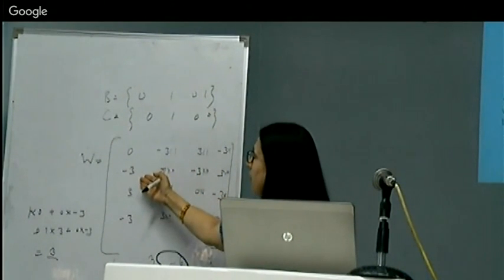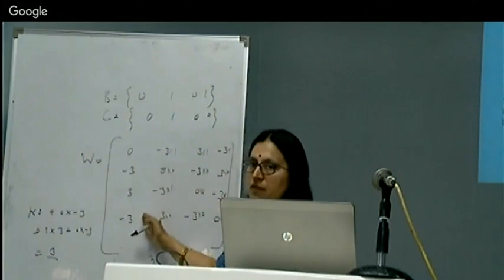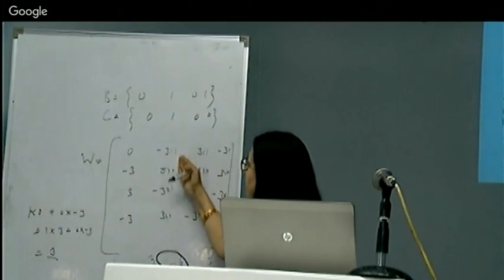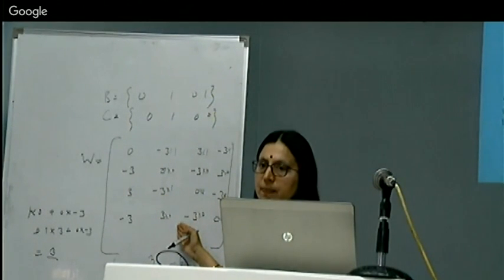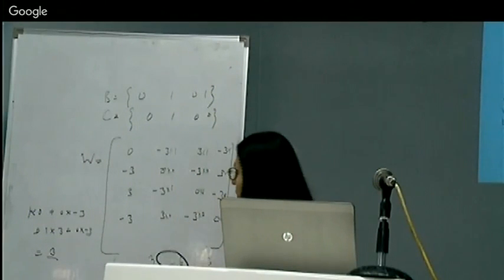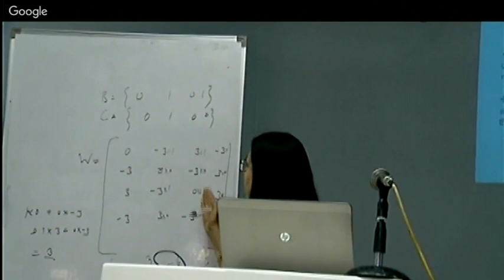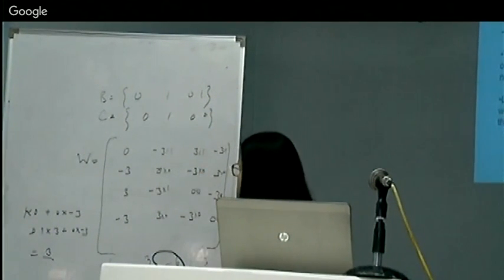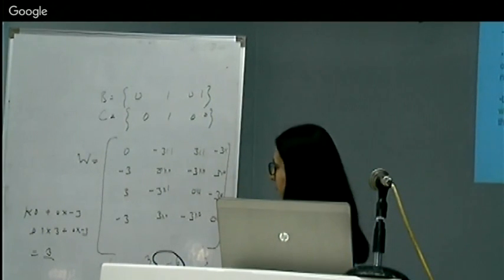So the dot product will give us an activation of -3 for the first column. Then what will it be for the second? What would be the dot product of C and the second column? 0. And C and the third column, it would be -3, and C and the fourth column, it will be 3.